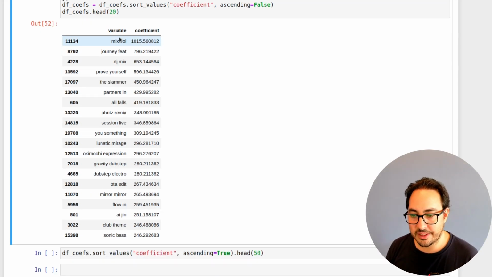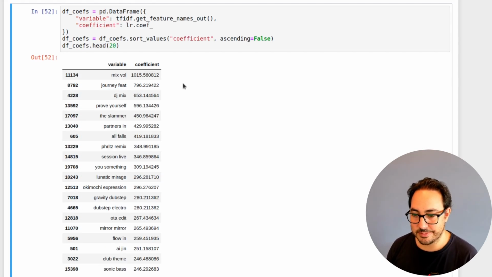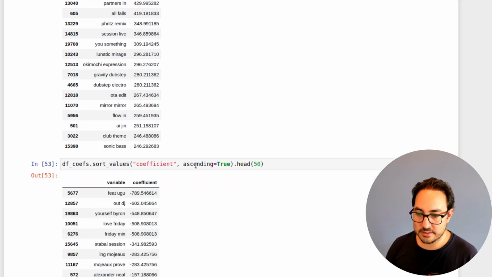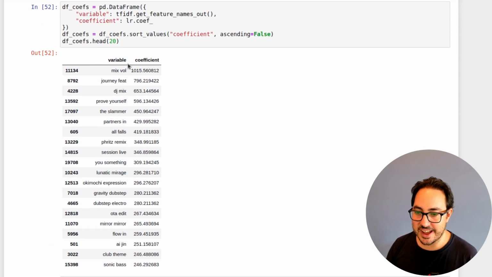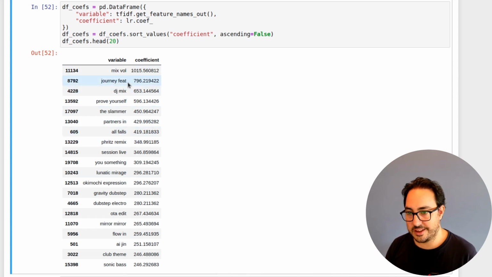So you would think that the words that appear here, or the combinations of words, are relatively correlated to getting sold at a more expensive price. And then you can also look at the worse ones. To me, what I can get out of this is that there are a few like DJ mix, remix, something related more to electronic music.